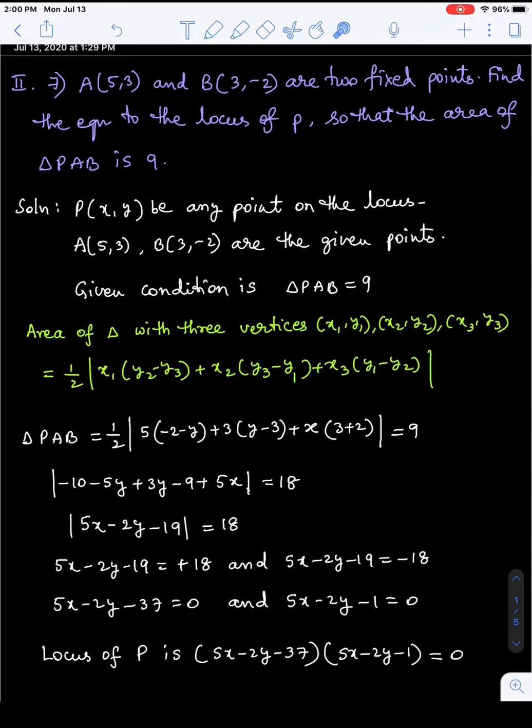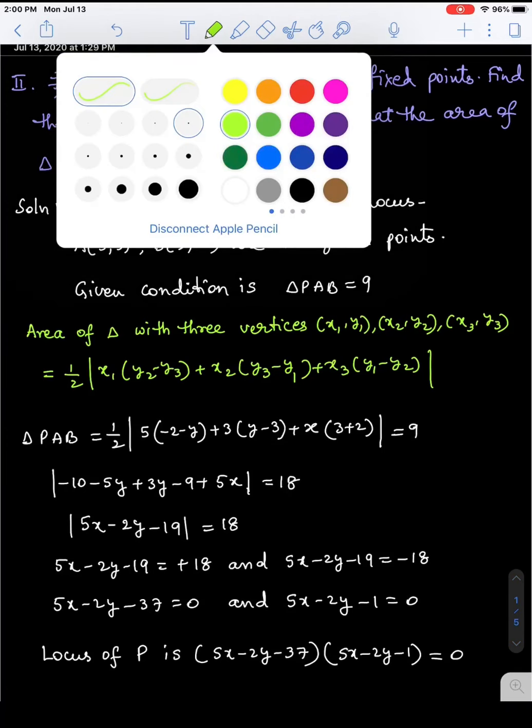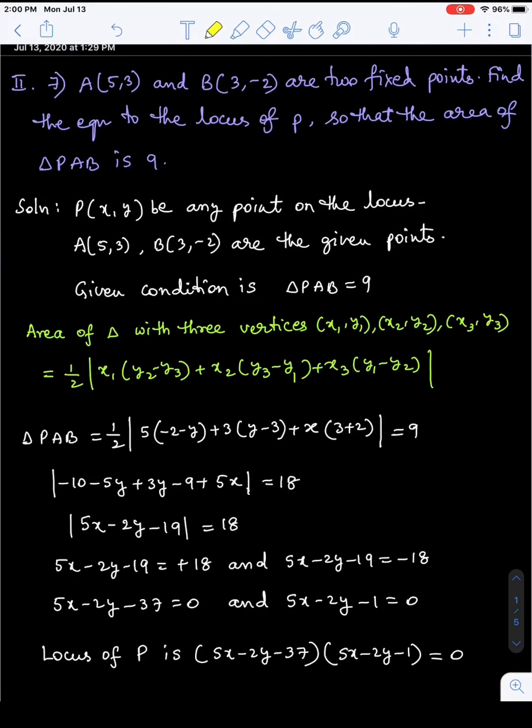In place of x1 you are going to take the x coordinate of A. For clarity, you can write those terms beside this step. That is, (x1, y1) is (5, 3), (x2, y2) is (3, minus 2), (x3, y3) is (x, y).